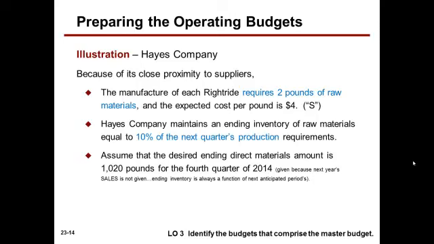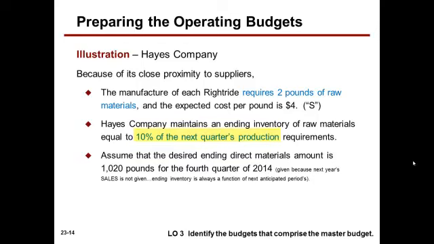Here's an illustration. The Hayes Company manufactures a product called Right Dried. It requires 2 pounds of raw materials for each finished goods unit, and the expected cost per pound is $4. This is the data to calculate the S, or the consumed amount of materials out of raw materials inventory.